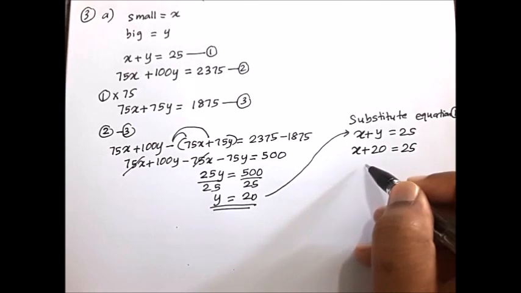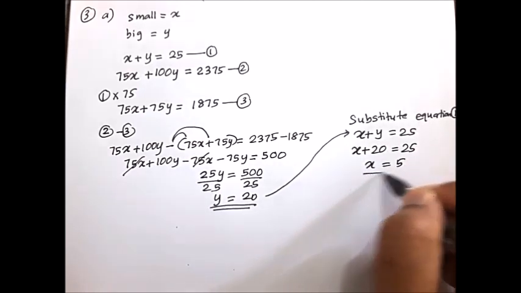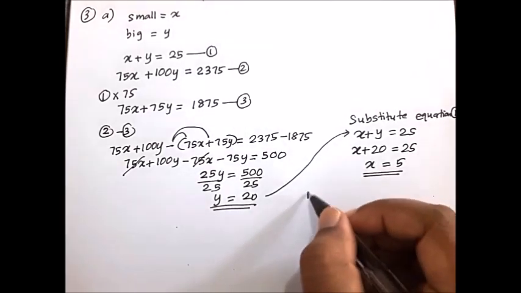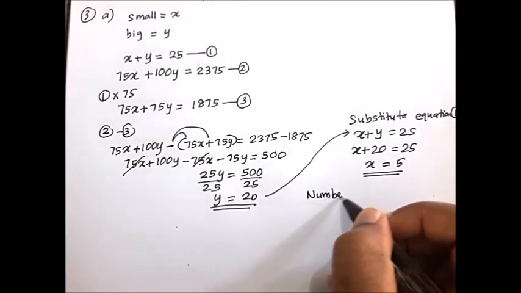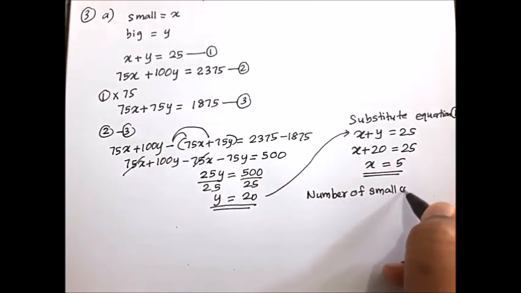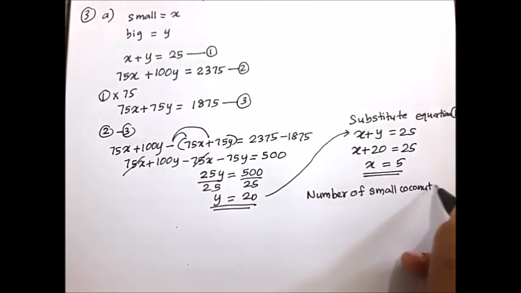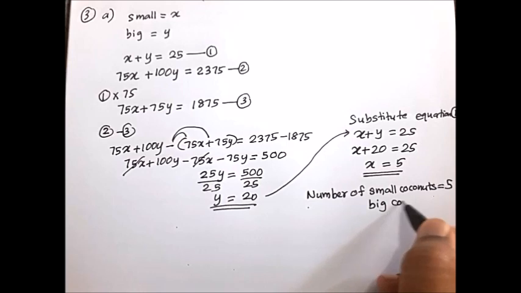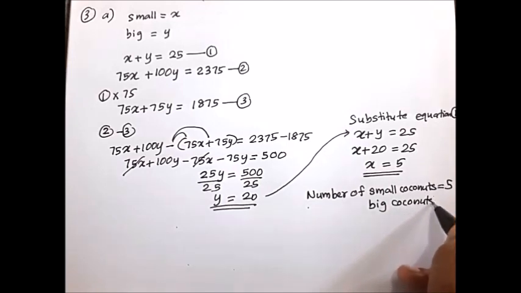So subtract 20 from the right side, x equals 5. Number of small coconuts is 5. Number of big coconuts is 20. This is the answer for part A.